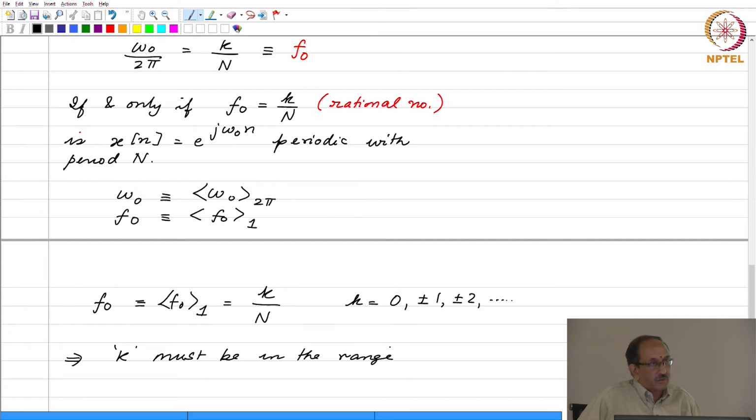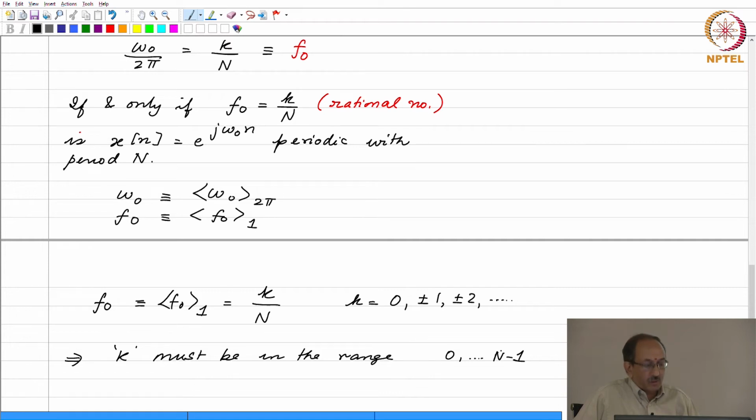Minus N by 2 to plus N by 2, that opens up N odd, N even, and so on. An easier way of stating that would be 0 to N minus 1, right.